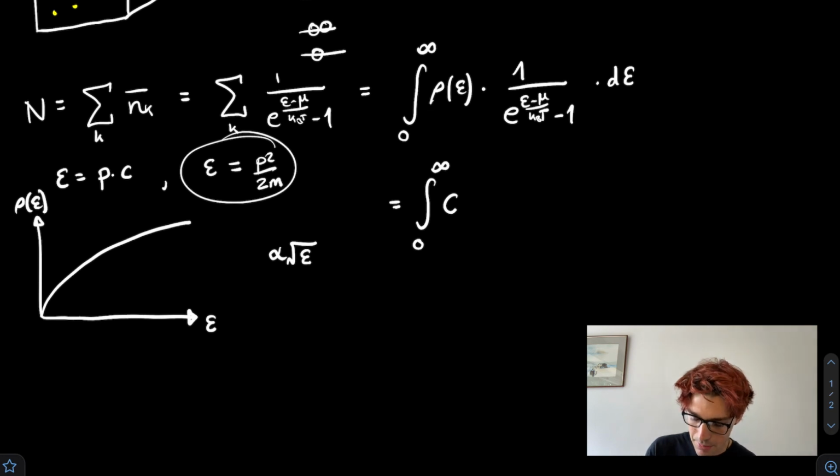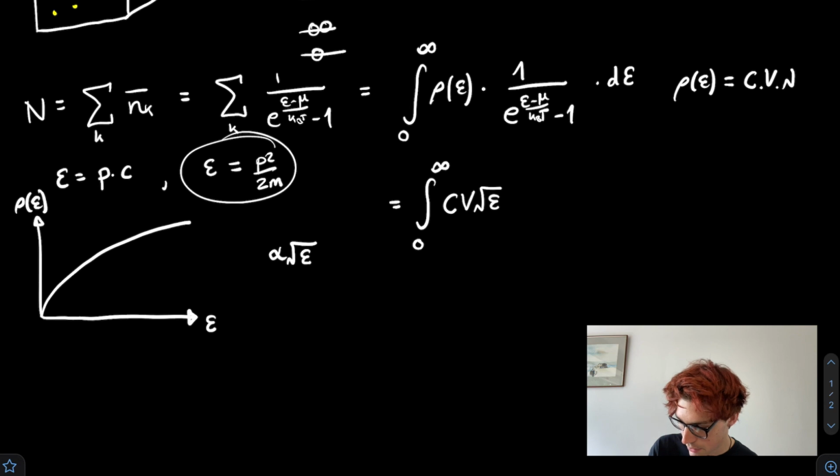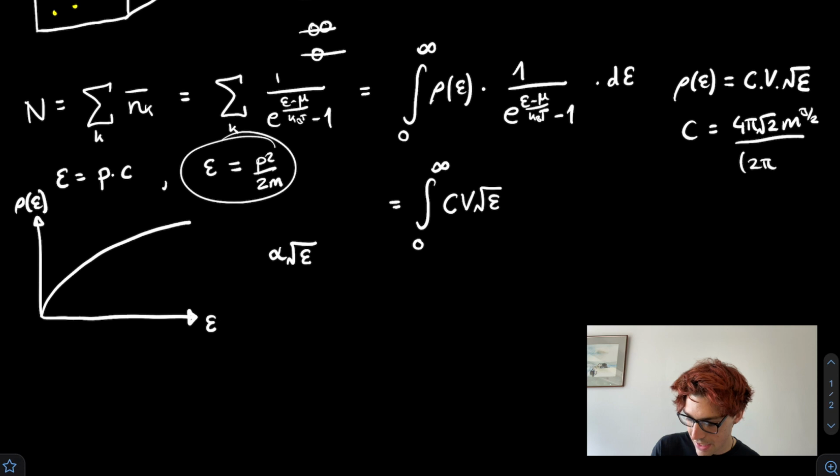So we're actually going to write the volume term right here. And then we're going to multiply this, of course, by the square root of epsilon. So that is basically our density of states term right here. In fact, more explicitly, I'll write out what the density of states actually is. So it's C multiplied by V multiplied by root epsilon. And C I have defined to be 4 pi root 2 mass to the 3/2 over 2 pi h bar cubed.